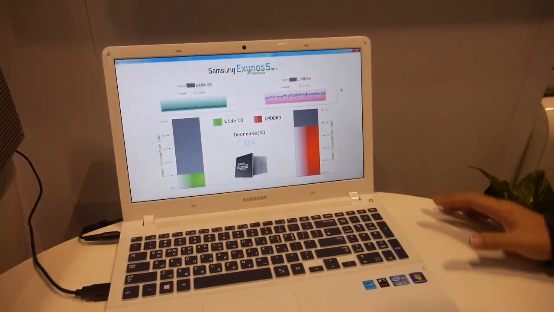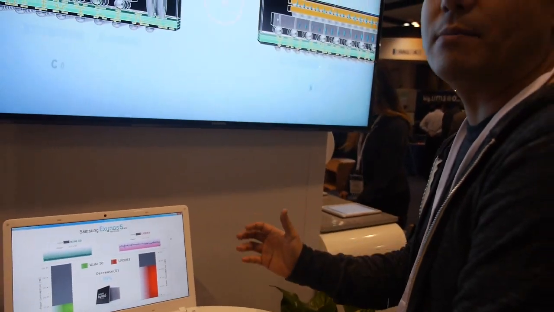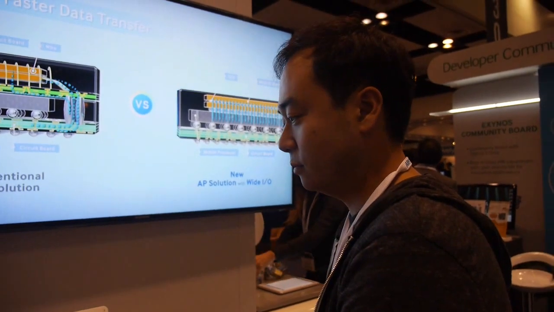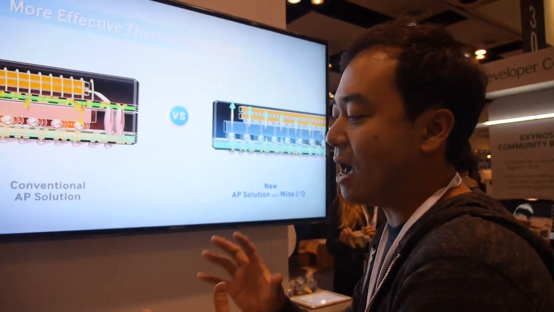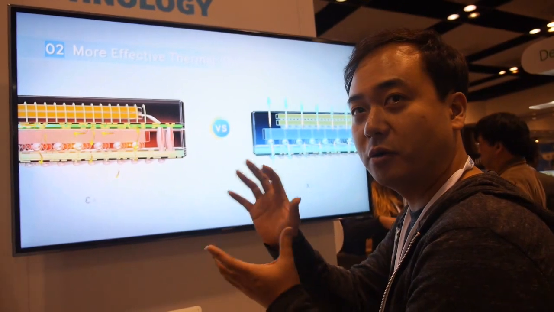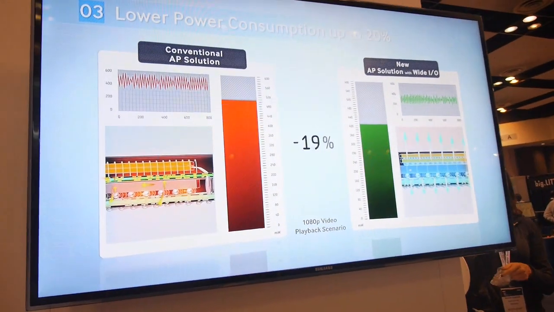No, the memory power plus the memory interface power inside of the application processor. So it's only the memory power consumption? Memory plus memory interface within the application processor. Actually, the IP related with the memory is a larger part of the power consumption inside of the application processor.